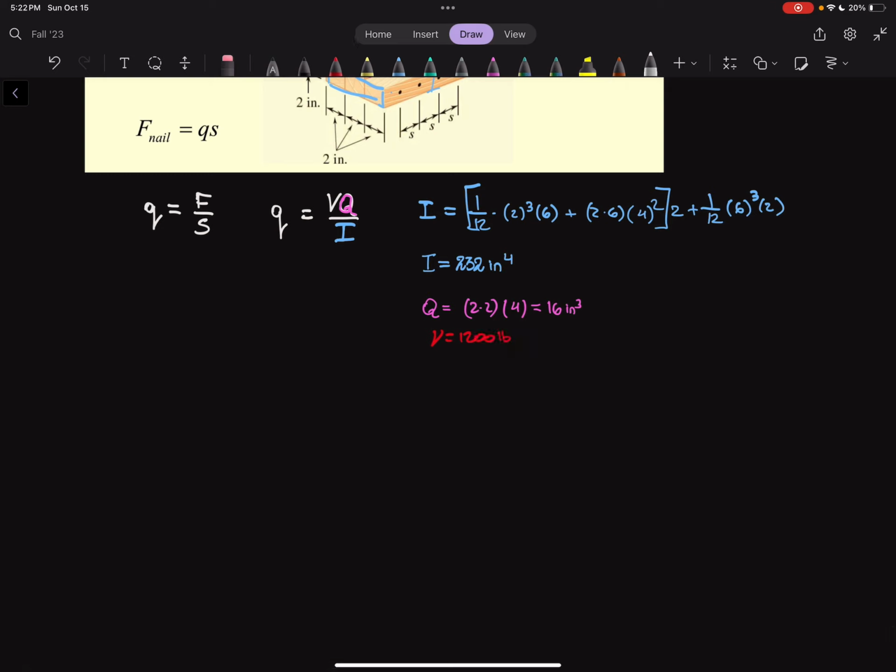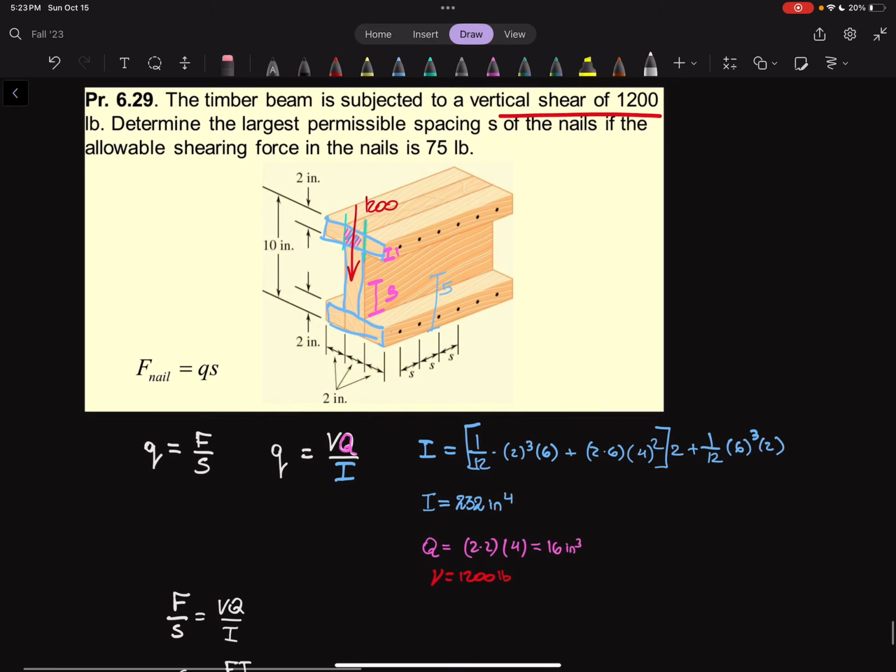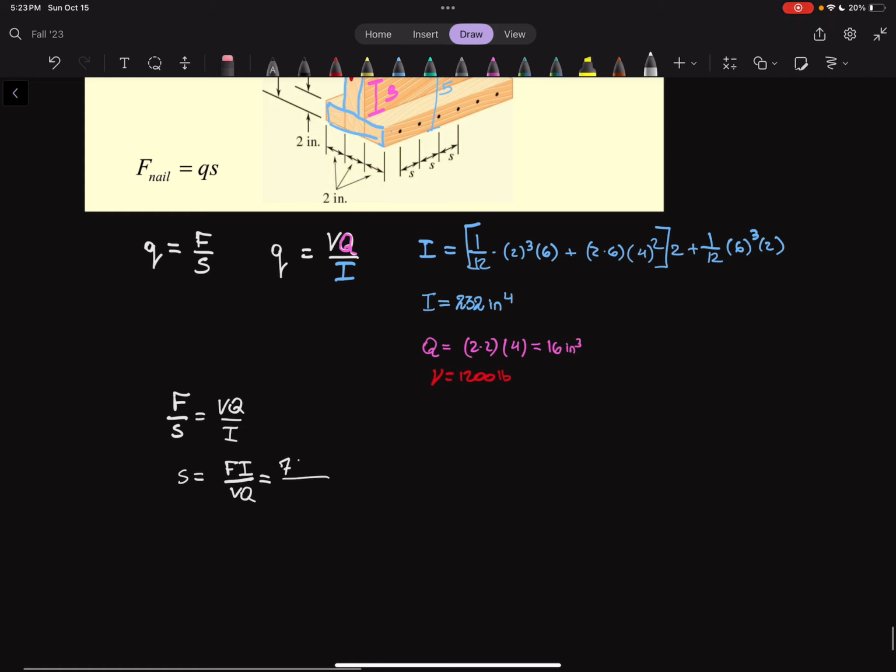So now we can say F over S equal to VQ over I. And we want to find S. So that's going to be F I over VQ, which is equal to F is 75 pounds times I, which is 232 inches to the fourth.